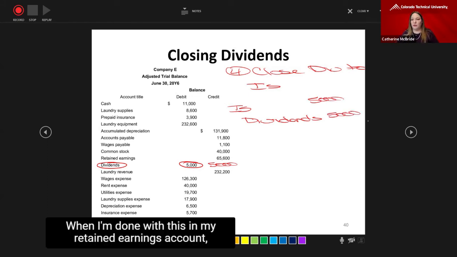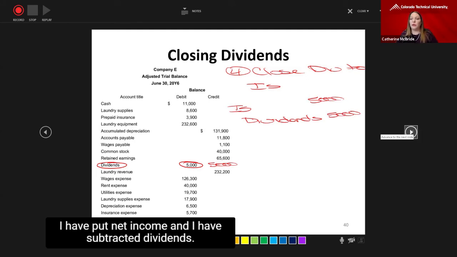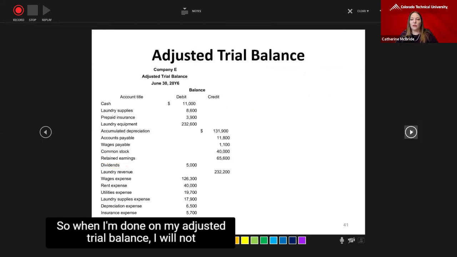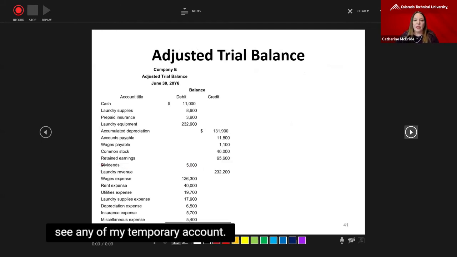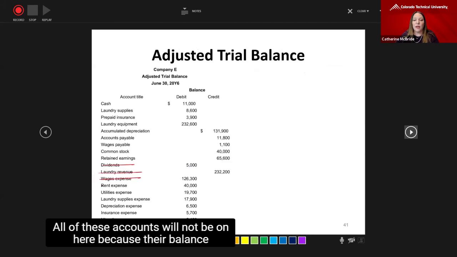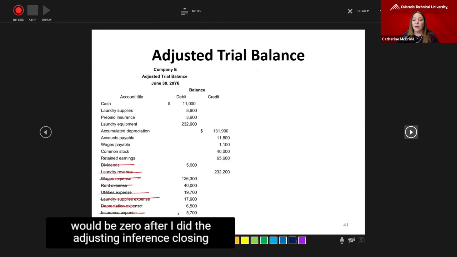When I'm done with this, in my retained earnings account, I have put net income and I have subtracted dividends. So when I'm done on my adjusted trial balance, I will not see any of my temporary accounts. All of these accounts will not be on here because their balance would be zero after I did those closing entries.